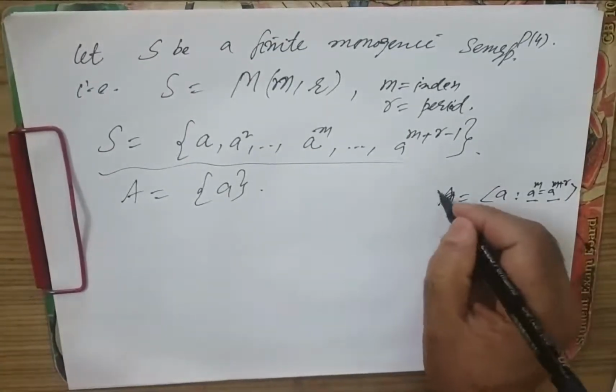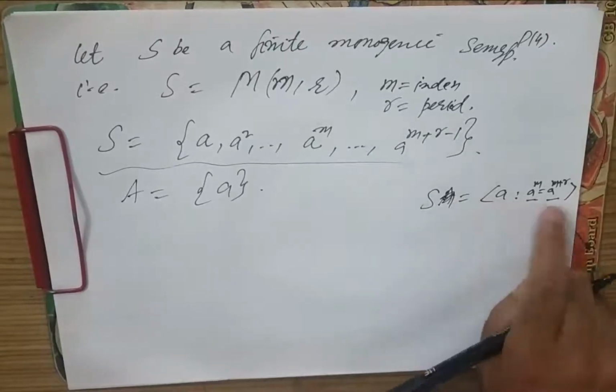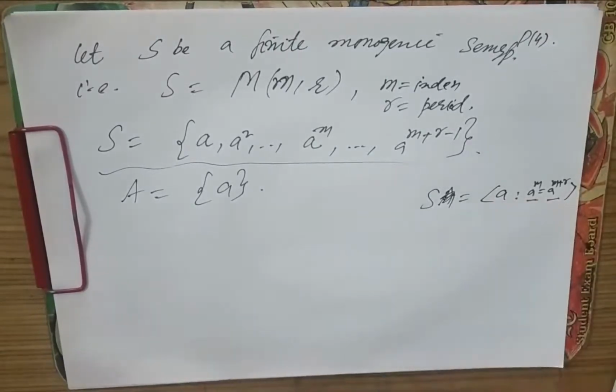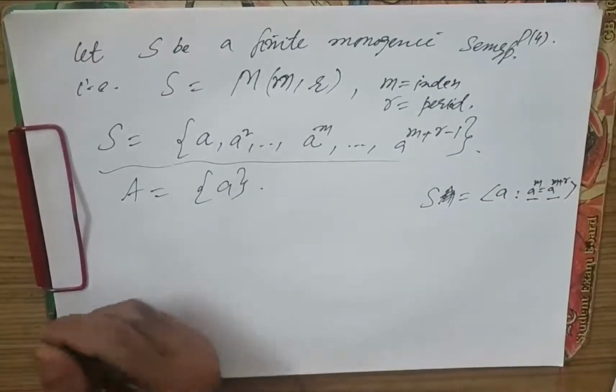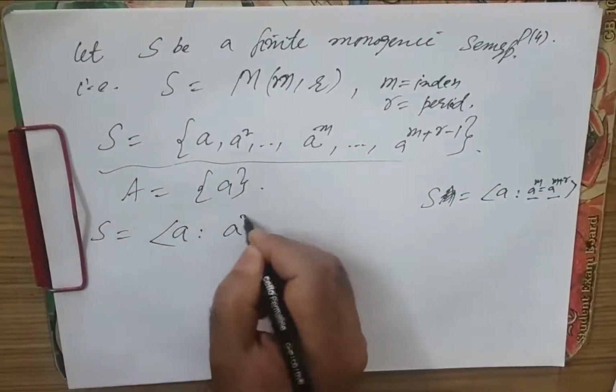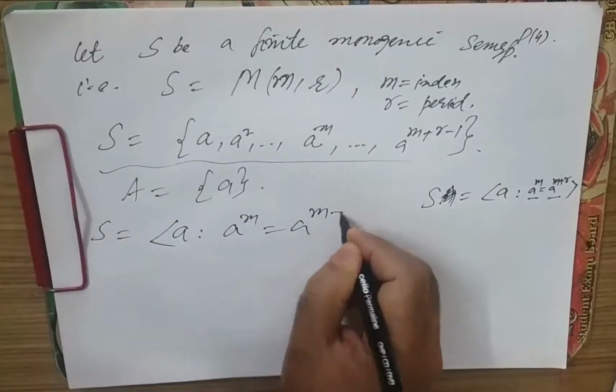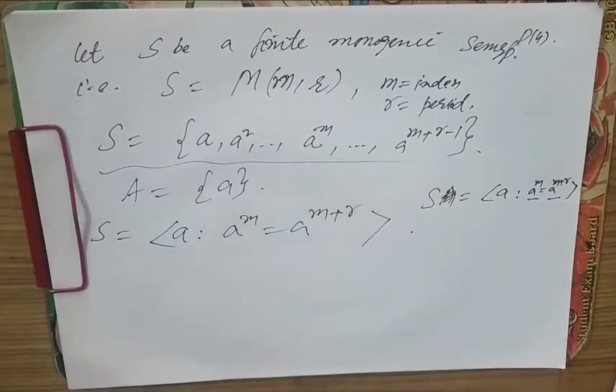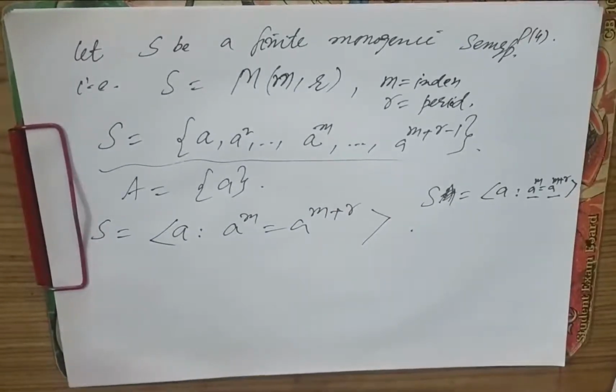S is generated by A with the condition that A power M is equal to A power M plus R. It's already discussed in finite monogenic semigroups.